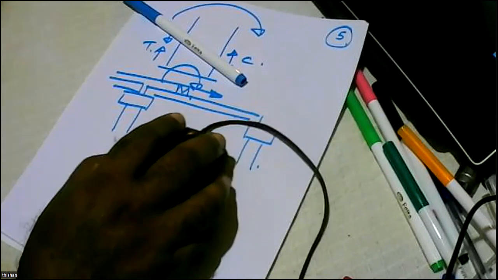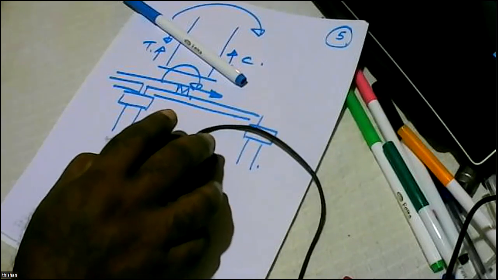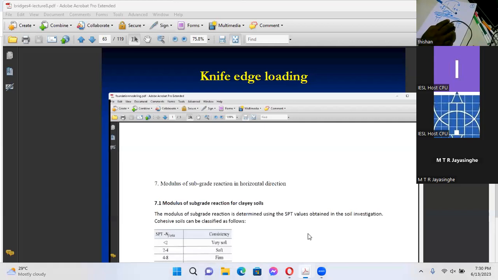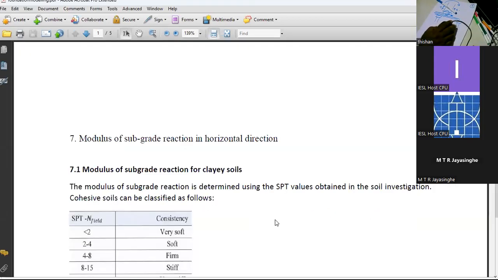Now I'm going to share again. Right. Now this is about modeling the foundation, the soil with different characteristics.